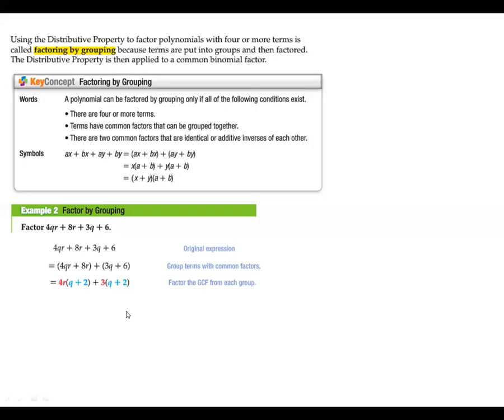So that becomes the GCF of both of these. So if I factor that out, it would be q plus 2 times 4r plus 3. Okay? So q plus 2 becomes the GCF of this one and this one. All right? So you can factor that out, and what's left is 4r plus 3 times q plus 2.